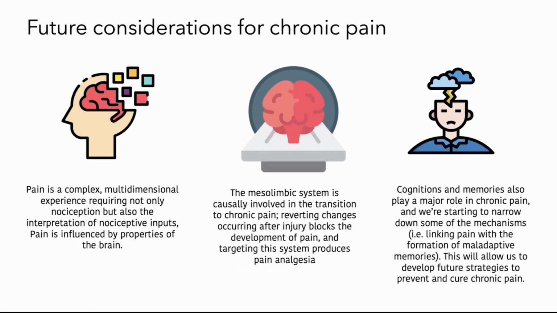We have discussed a little bit about the mesolimbic system, and I have shown you that these areas, including the nucleus accumbens and the ventromedial prefrontal cortex, seem to be causally involved in the transition to chronic pain. We know in humans that if we are able to treat these patients acutely with, for instance, L-DOPA and naproxen, we might be able to block the progression of chronic pain. And obviously, it's much easier to prevent that rather than to treat.